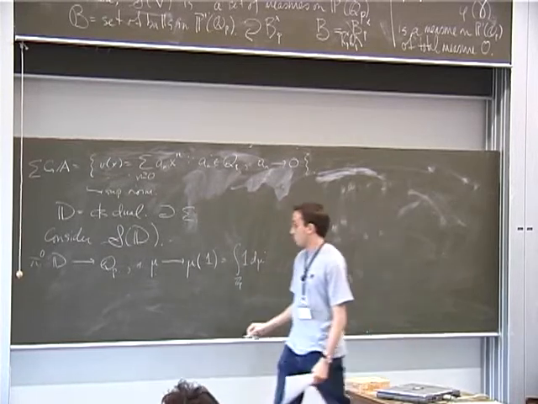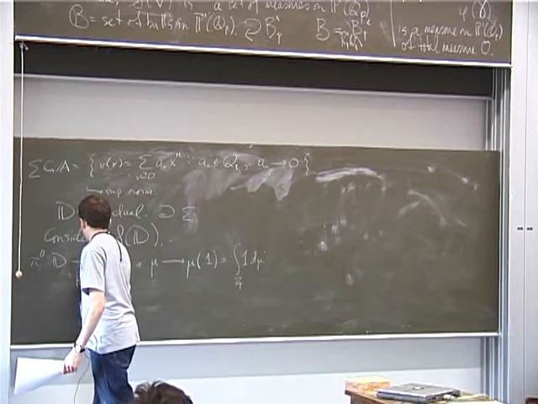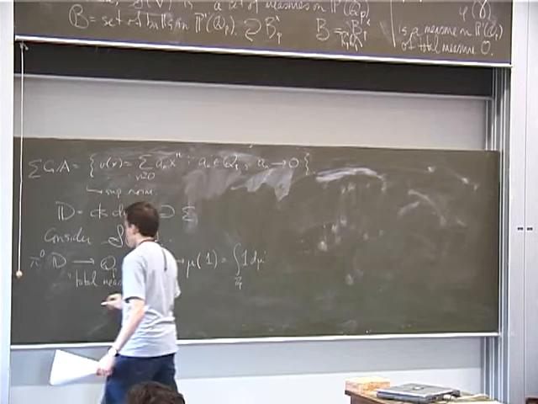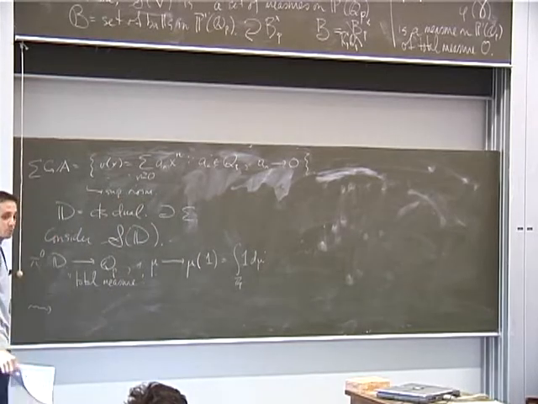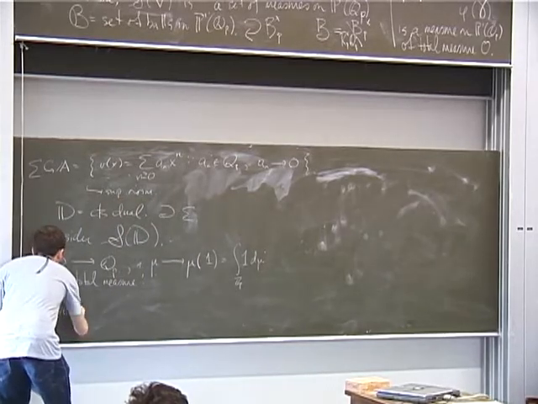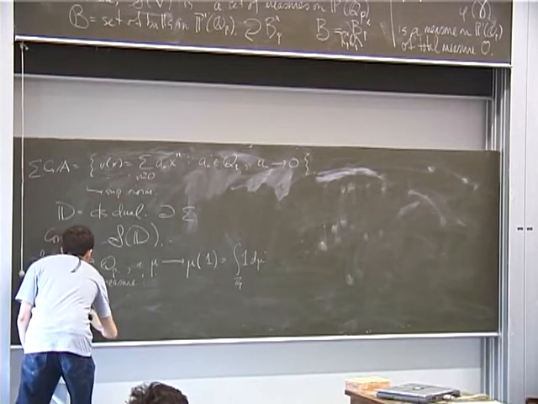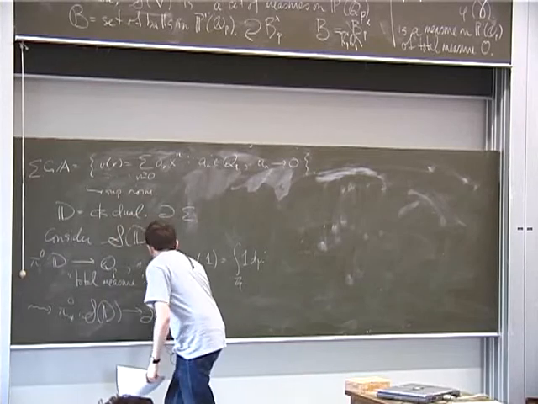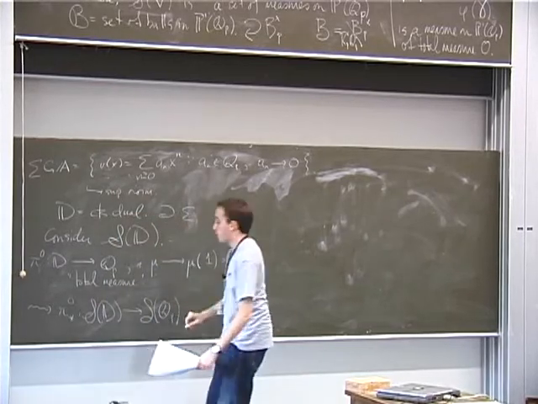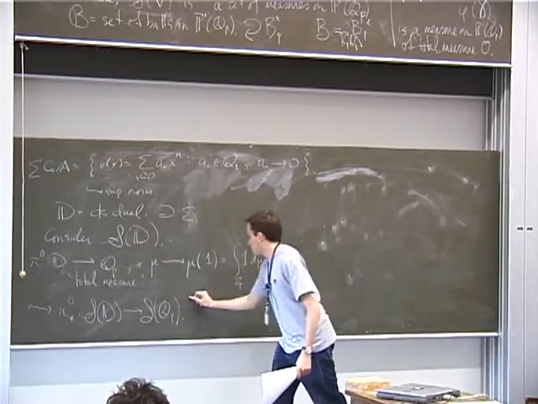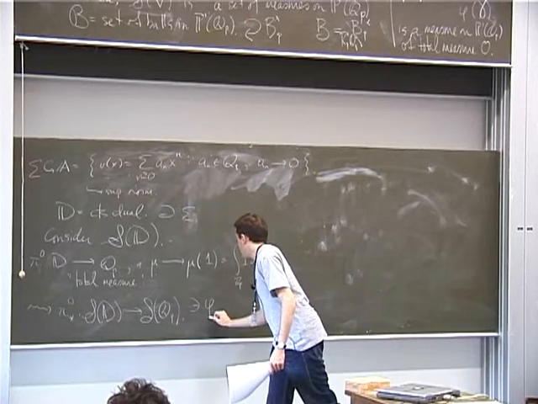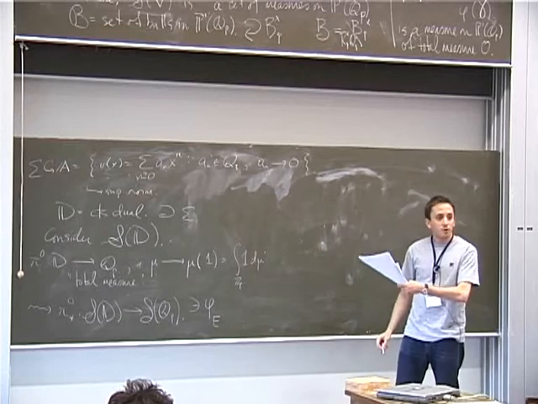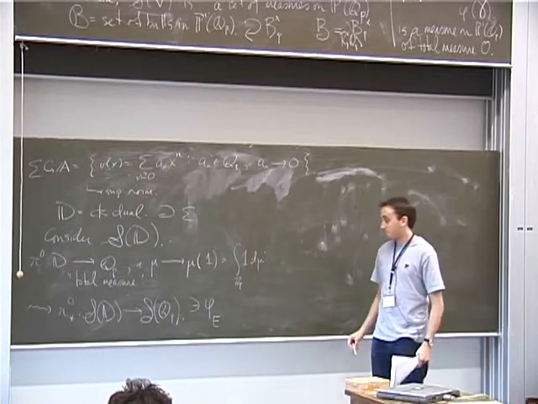So this map is just total measure. And this induces a map on automorphic forms, which I'll call pi 0 star, from S of D to S of Q_p. And this is where our form, say, phi sub E, corresponding to our elliptic curve and to the measure on our elliptic curve, lives.